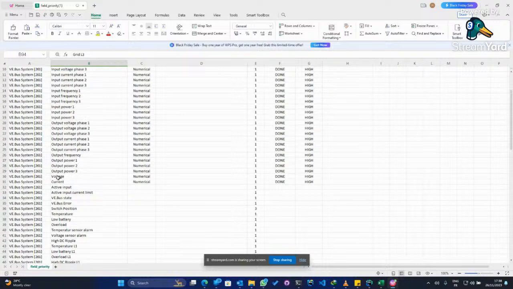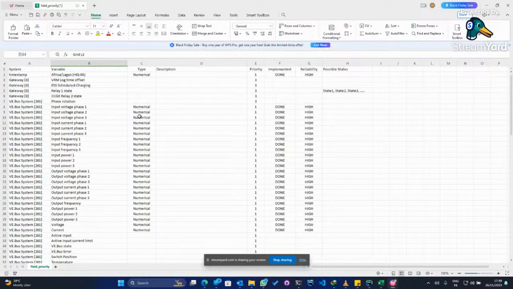And then the voltage and the current of the VE.Bus system will be the same as the voltage of the grid or the genset or the battery, depending on the equipment which is currently on. So it's not specific to any power source in particular, but depends on the power source which is on at that specific moment.